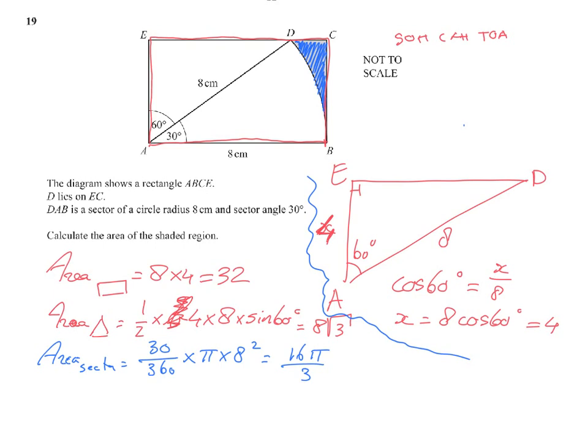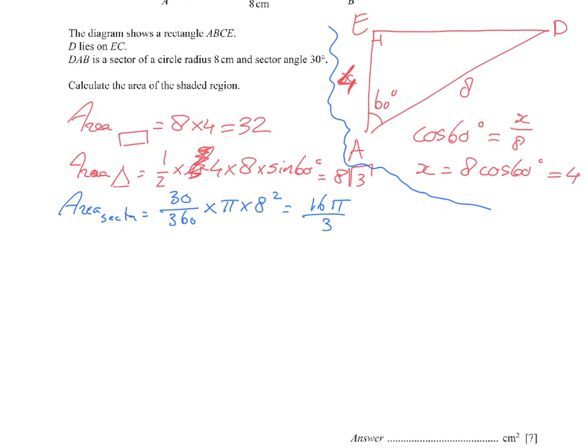So my final step now is to do 32 minus 8. And I want to write that down, by the way. So again, I'm going down. There we go. So my final step is 32 minus 8 square root of 3 minus 16 pi over 3 equals.